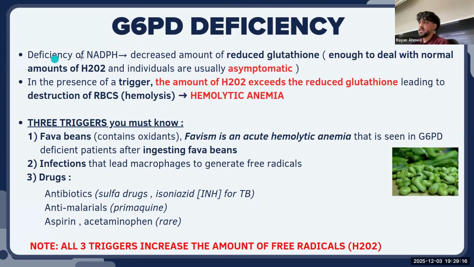So deficiency of NADPH leads to decreased amount of reduced glutathione. Basically, it's enough to deal with normal amounts of H2O2, and individuals are usually asymptomatic. But whenever there's a trigger, a lot of hydrogen peroxide exceeds the reduced glutathione, leading to destruction of RBCs, hemolytic anemia. That's what happens.